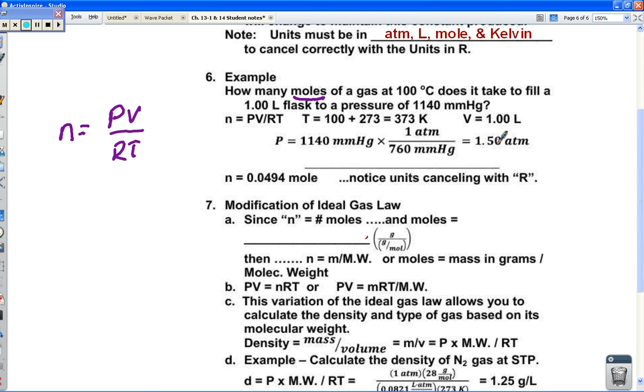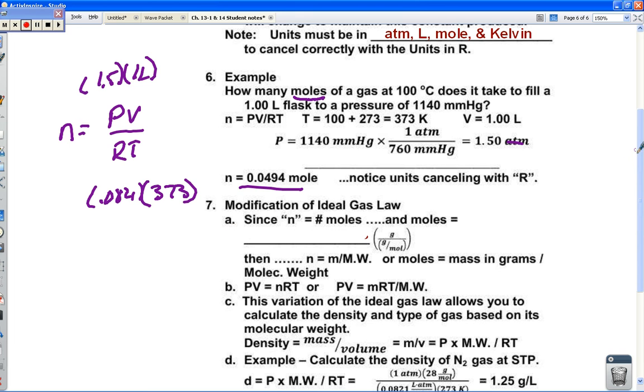Then we plug everything in here: 1.5 atmospheres times 1 liter, over 0.0821 times 373. Multiply all that out and you get 0.0494 moles. Notice that atmospheres cancel with the atmosphere term, the liters cancel with the liter term, and the Kelvin cancels with the Kelvin term, leaving you with number of moles.